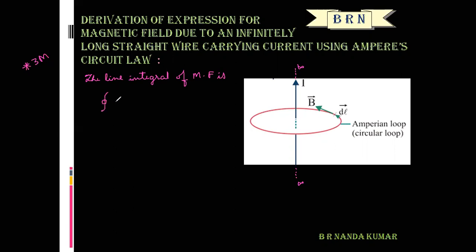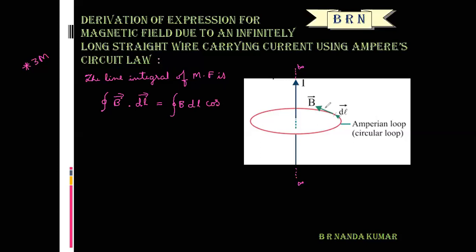So the integration of B vector dot dl vector is equal to the integration of... the dot product of two vectors is given by the product of the magnitudes of the two vectors and the cosine of the angle in between them.